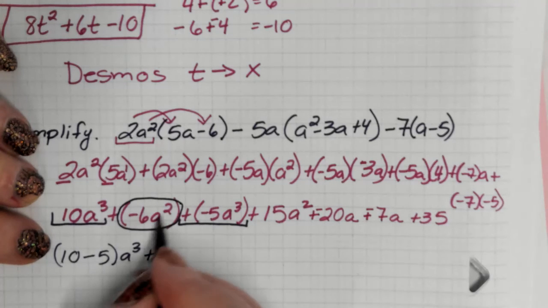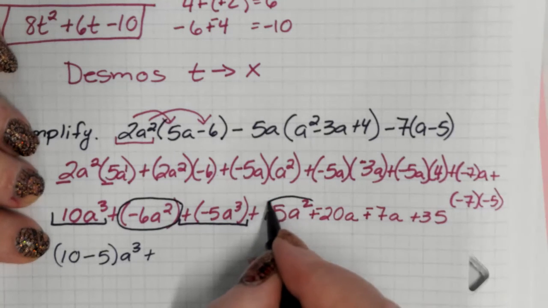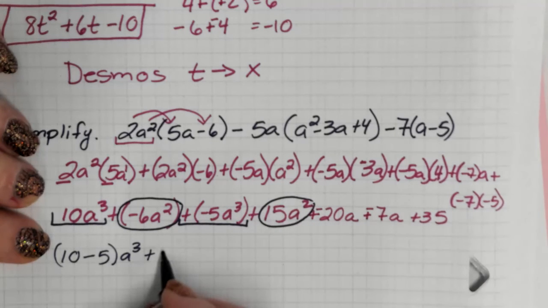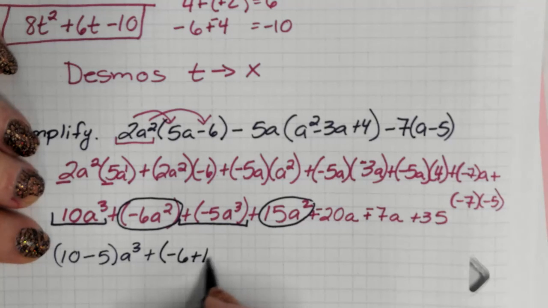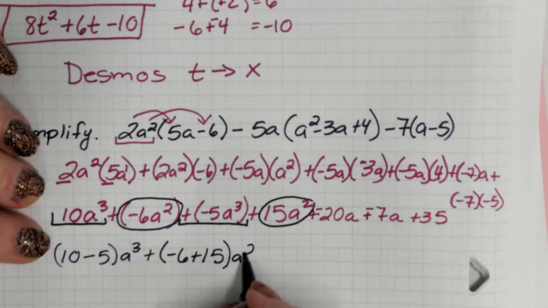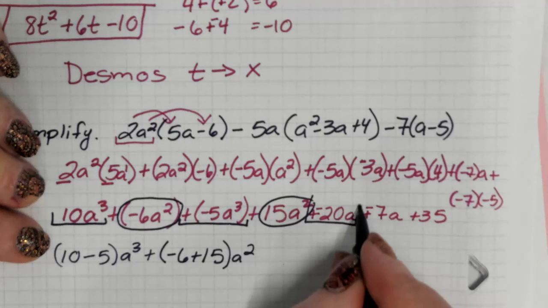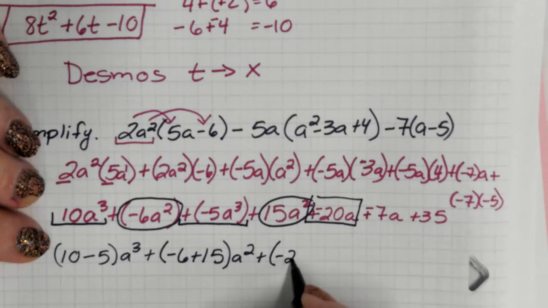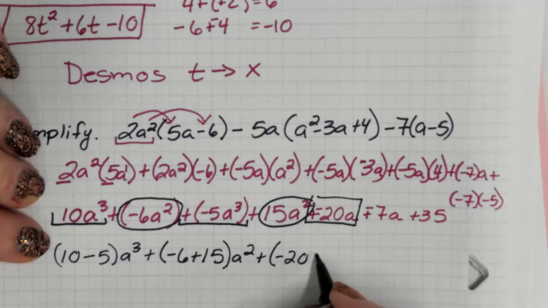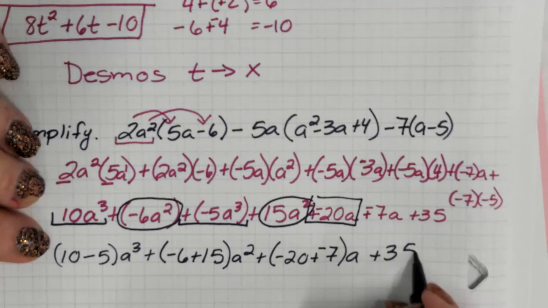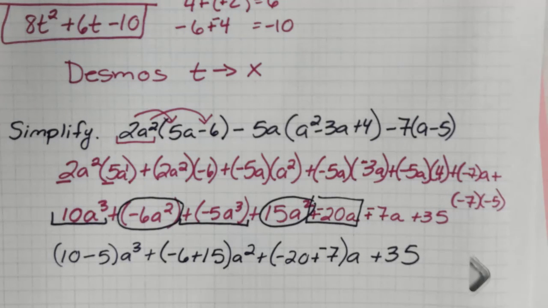Negative 6a squared, 15a squared. Negative 20a, negative 7a, then plus 35. I'm making this look a lot longer than it really needs to be just to explicitly explain what the steps are. We've done it much quicker and shorter in class on occasion.